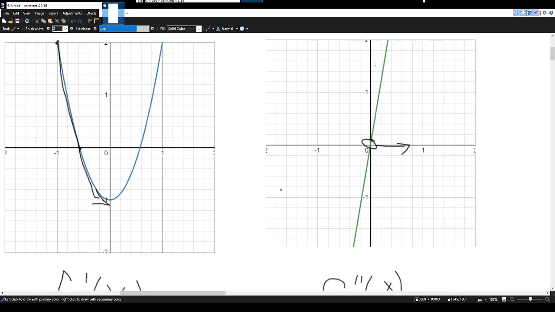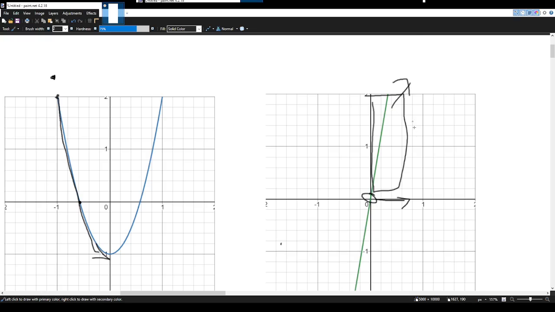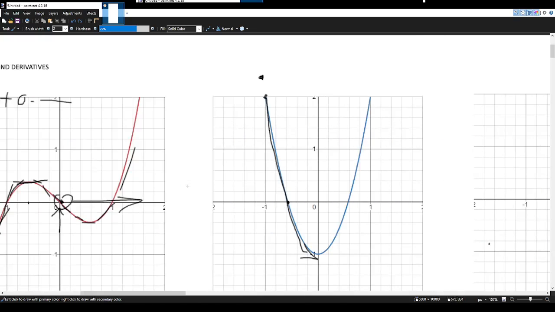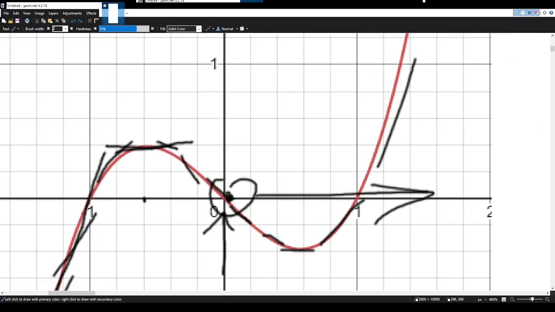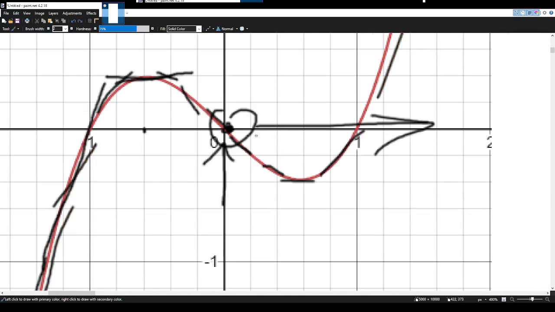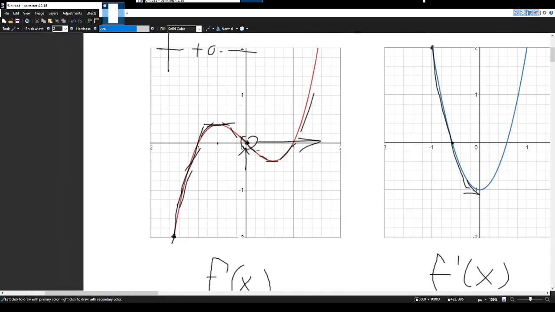If you look at all this, and then that'll extend out that way. So this point right here is pretty important, and that is what they call a point of inflection, basically where it changes.